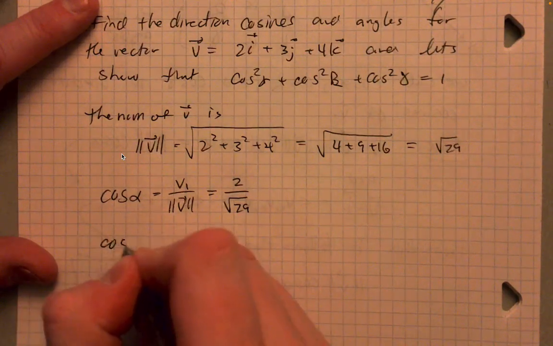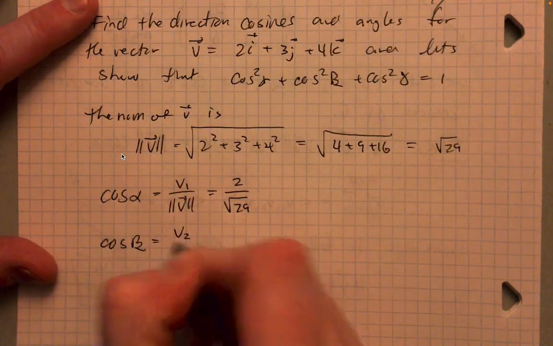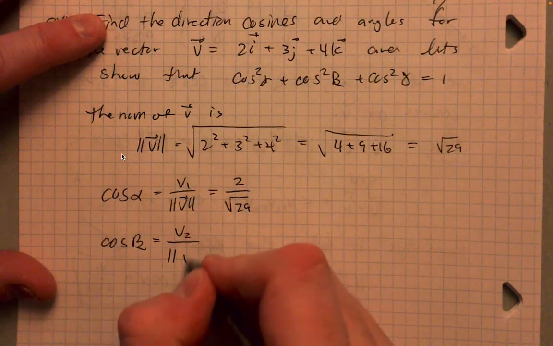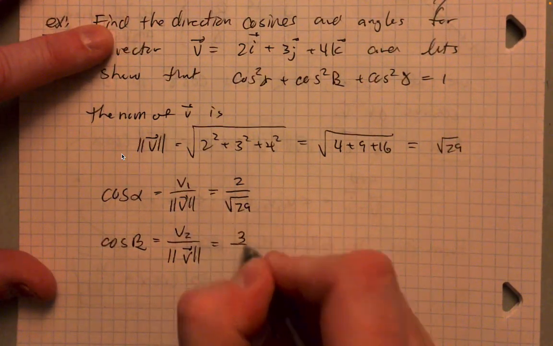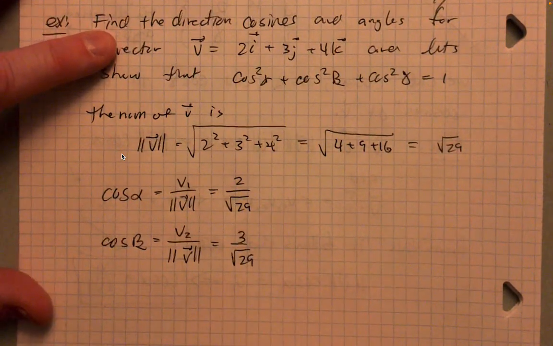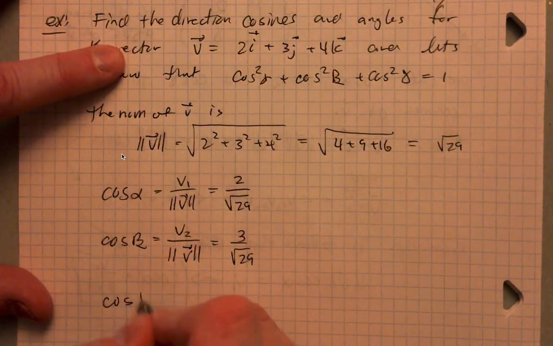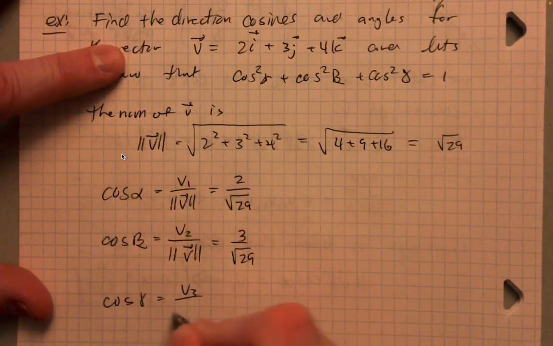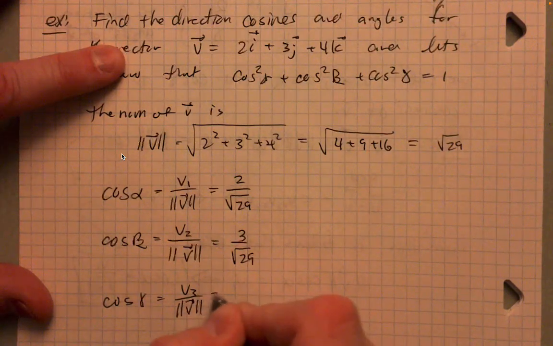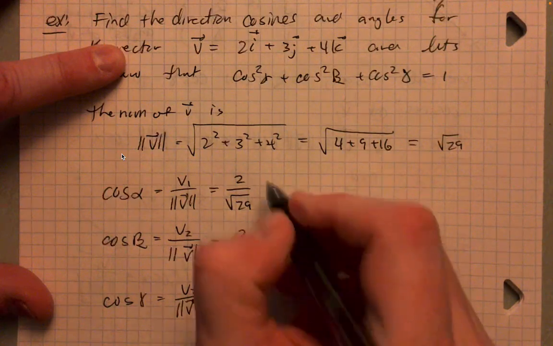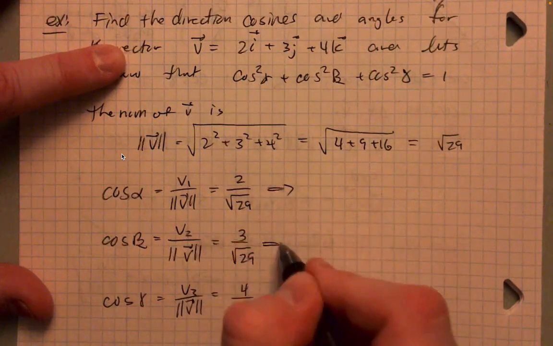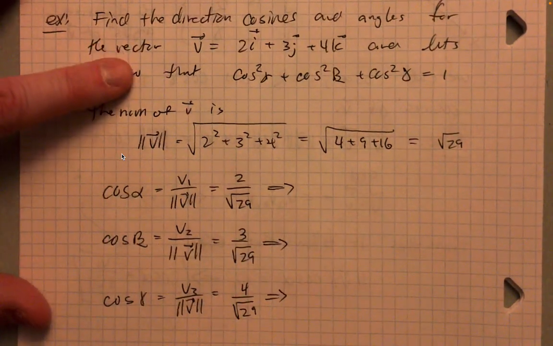Cos beta is v2 over the norm of v, which is 3 over the square root of 29. And cosine of gamma is v3 over the norm of v, which is 4 over the square root of 29.